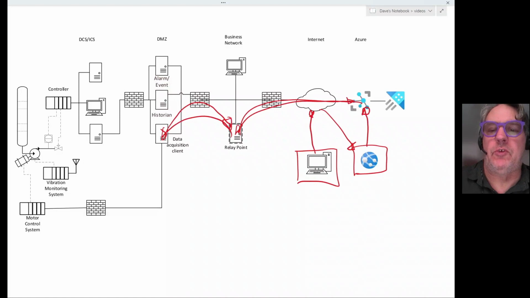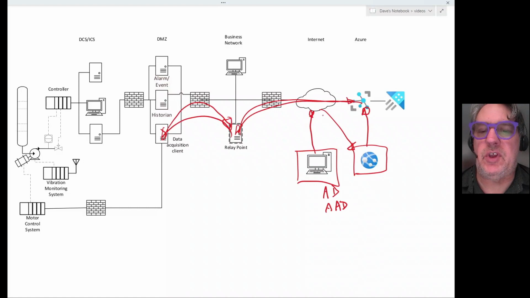So first of all, Microsoft gives us a lot of help here with Active Directory and Azure Active Directory. That makes it possible for an Active Directory authenticated user to be mapped directly into Azure.